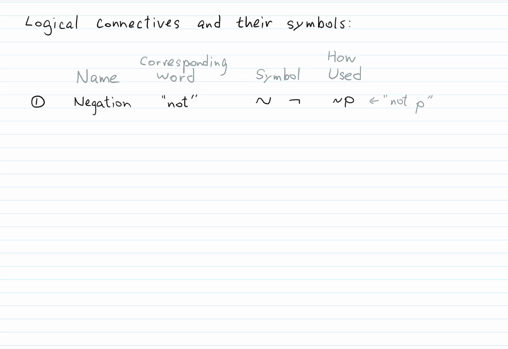So, like, if P is the statement, logic is easy, then the negation of P would technically be not logic is easy. But of course, grammatically, that sounds very awkward, so that's not how we would say it in the English language. If P stands for logic is easy, then the negation of P would be logic is not easy.